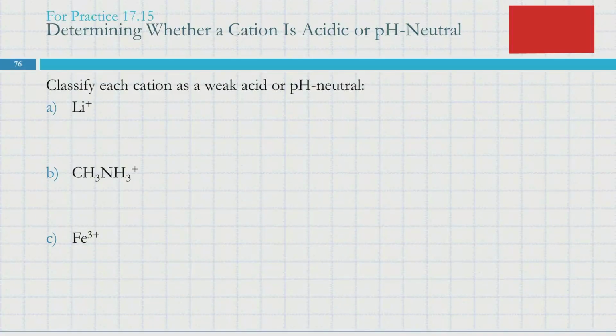All right, what kind of base could lithium have come from? A strong base or a weak base? Strong base, it would have come from maybe lithium hydroxide, LiOH. That's a strong base.